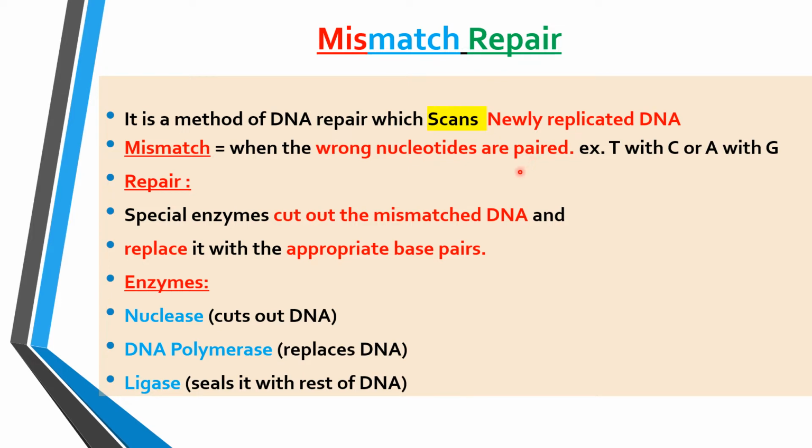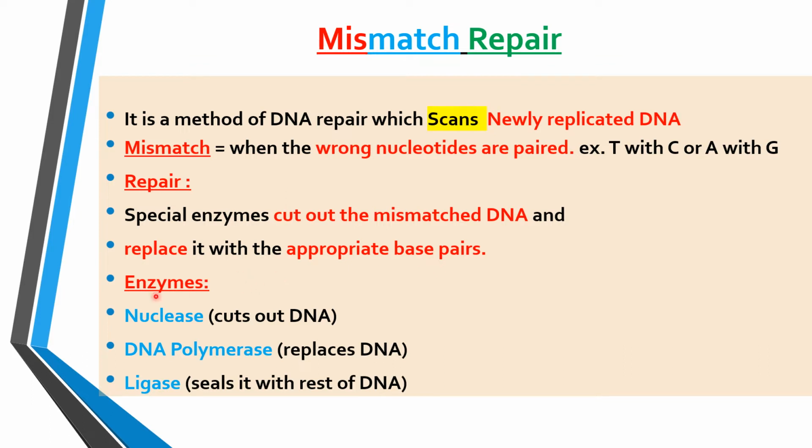So, how is this repaired? There are special enzymes which have been synthesized, and these enzymes cut the mismatched DNA, remove this and replace it with appropriate base pairs. That is, they will incorporate the correct base pairs in the sequence.